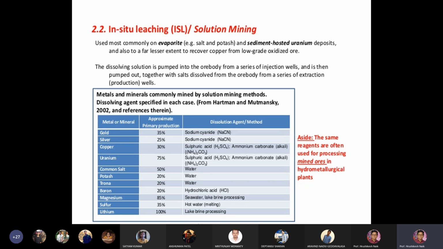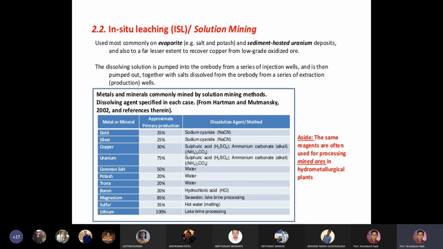And for sulfur mining, you get 35% production, and you have to use hot water, melting water. For lithium, production would be 100%, the highest production. You have to use the lake brine processing method.